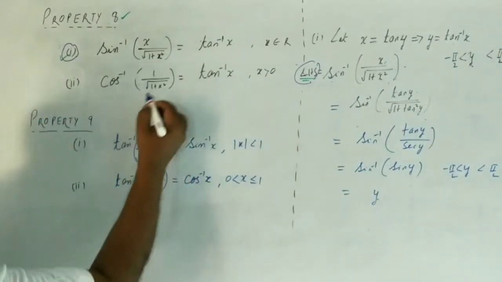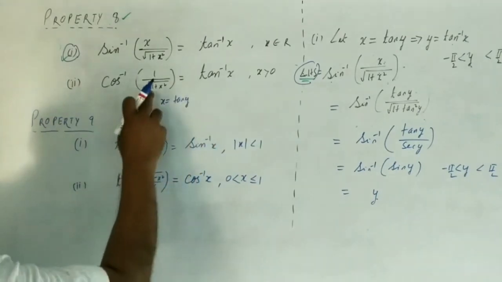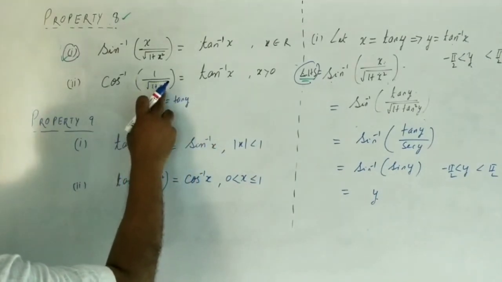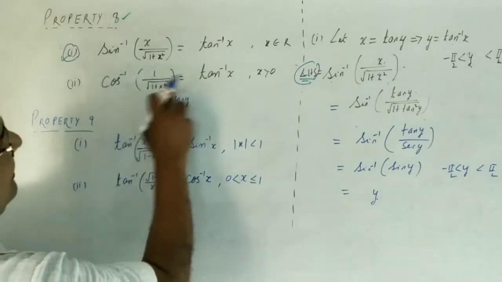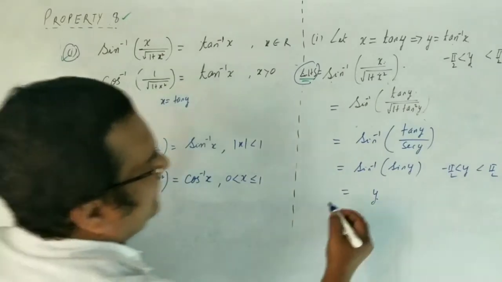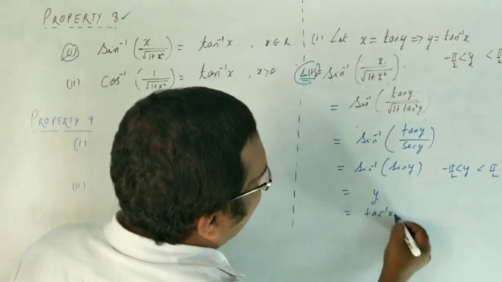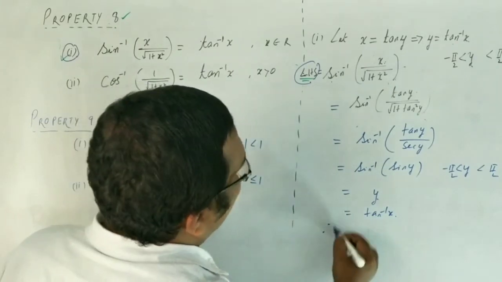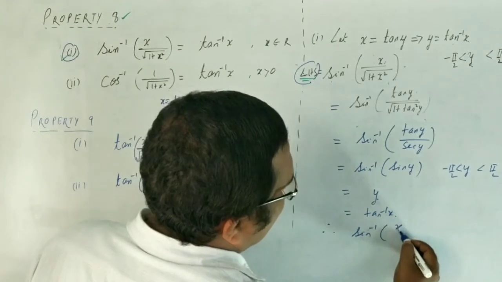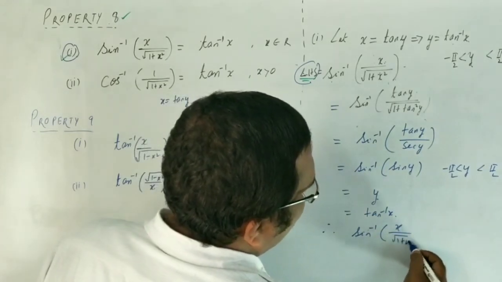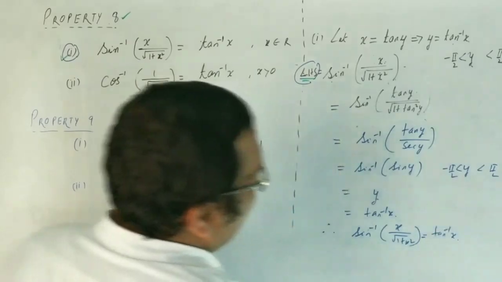Similarly, here also you will take x as tan y. 1 plus tan square is sec square. So 1 by sec is cos. So cos inverse cos y is y, which is equal to tan inverse x. So y is tan inverse x. Therefore, sin inverse x by root of 1 plus x square is equal to this one.